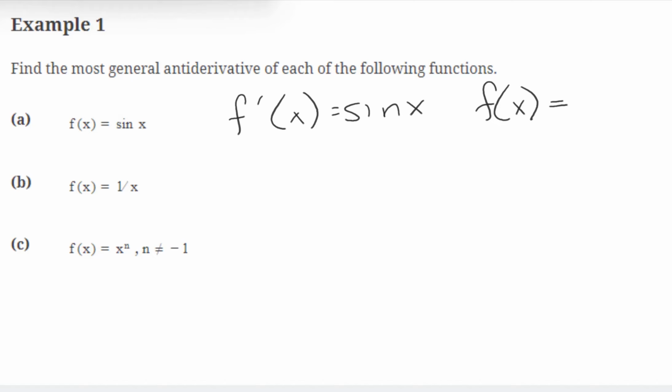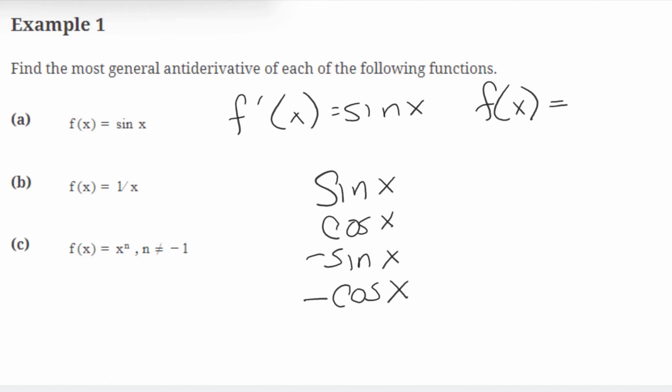Remember for the trig functions, it was sine of x, cosine of x, negative sine of x, and then negative cosine of x, right? And then repeat. So sine of x, if I'm going to go that way, goes to negative cosine of x plus c. Don't forget the plus c.